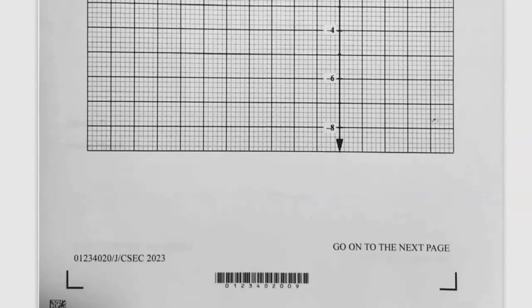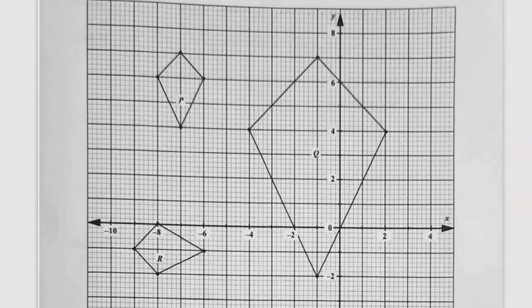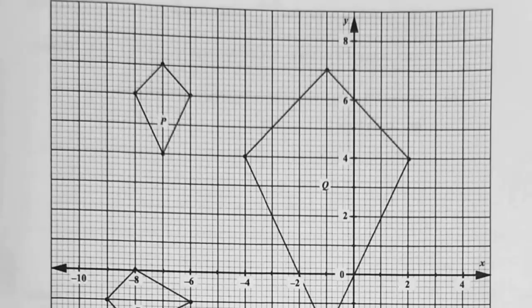Alright, let's do that. So here's P. We're going to move each vertex 10 to the right and 4 down. Let's start with the top vertex. 10 to the right: 1, 2, 3, 4, 5, 6, 7, 8, 9, 10, and then 4 down: 1, 2, 3, 4. Alright, so that's 1 point.